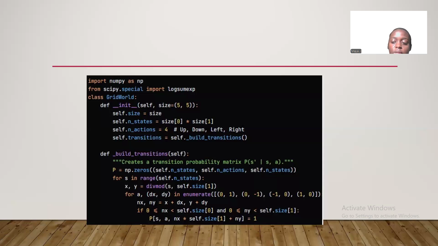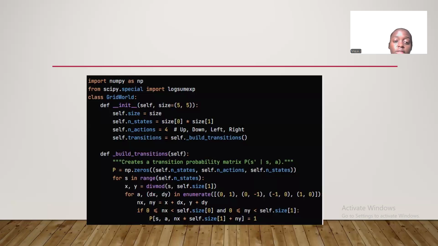I think the first one would be right, then left, then we have up and down, so it's in 2D form, like coordinates. After iterating over the actions, you compute the next state, nx, ny, with this line. So you compute the next state, S prime. Then you check if the movement of the agent is valid.